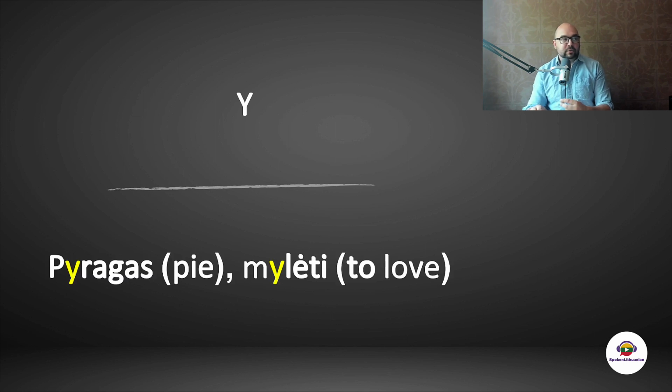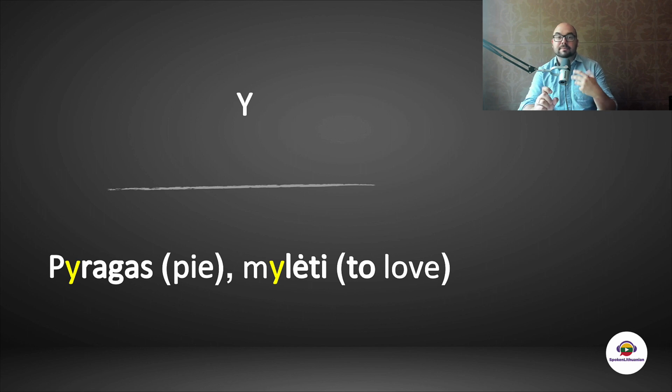Now, Y, we have the Y in English, but it's I ilgoji, the longer one. I ilgoji. So pyragas, for example, pie, mylėti, to love. Remember the word a thought, for example, mintis. I'm not saying mylėti.